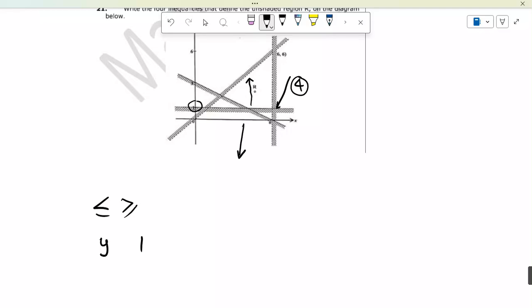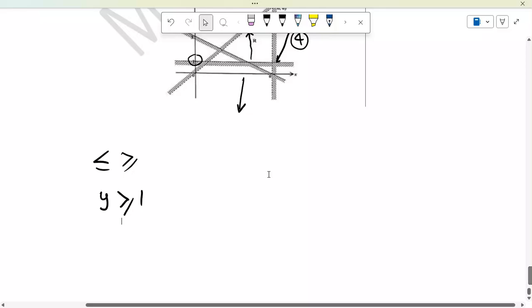See our region? This is our region. So it's above, meaning y is greater than or equal to 1. Going up is greater, down is less than or equal to. So y is greater than or equal to 1.